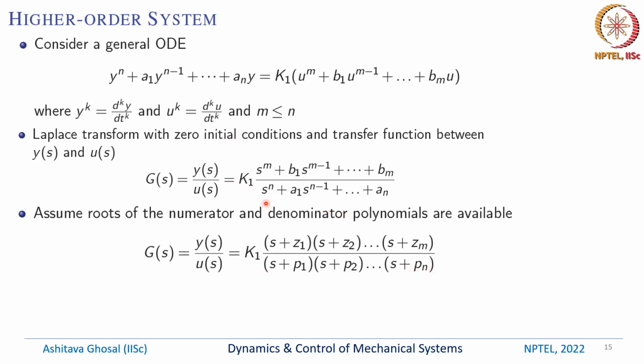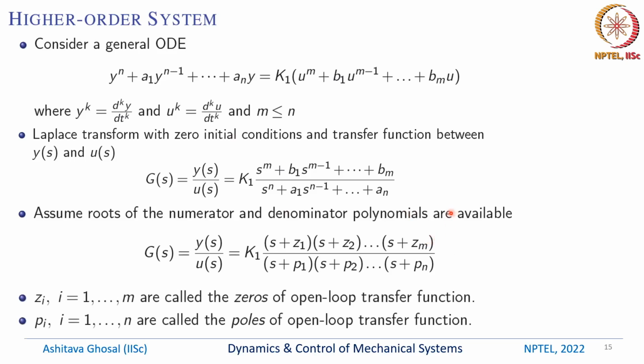Since this is an nth degree polynomial, there will be n roots, p1, p2, and pn. They could be real or complex conjugate. We are not assuming anything right now. Similarly, the numerator is an mth degree polynomial, so it will have m roots, s plus z1, s plus z2, and so on.